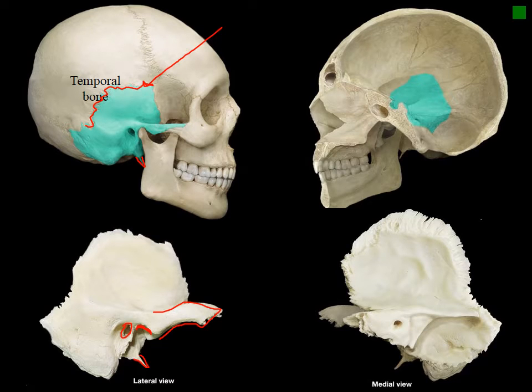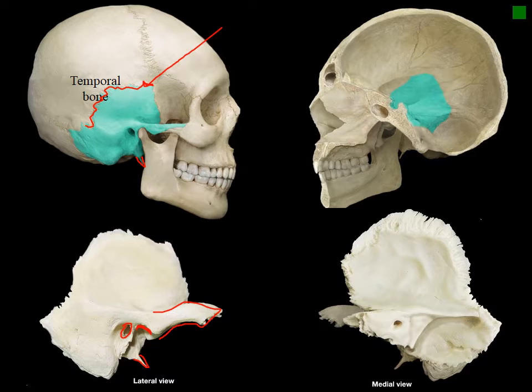Now looking at the temporal bone, again, we can see the squamosal portion here, which also forms the squamosal suture, and we can see some holes, the external auditory meatus found right here. We can see a piece that projects forward. This is going to be the zygomatic process of the temporal bone.